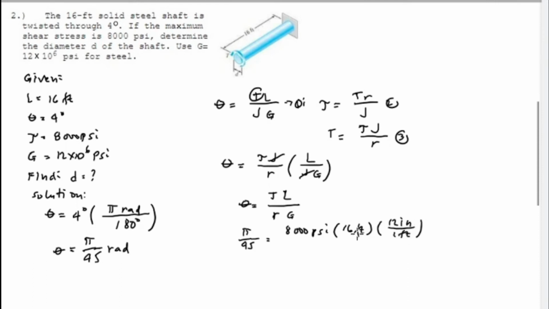Cancel out foot, and we divide by the radius, which is based on diameter, or d over 2, and we multiply by the shear modulus, which is 12 times 10 to the power 6, and we find the diameter.